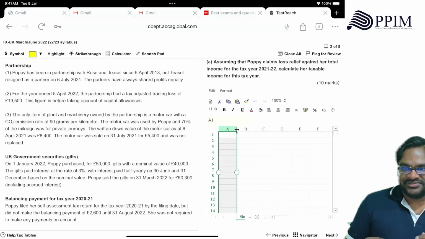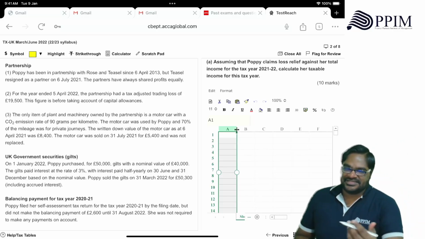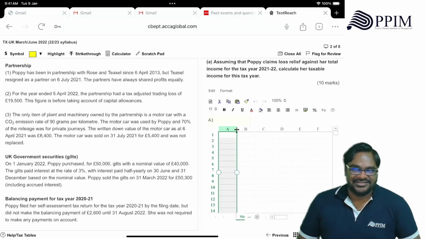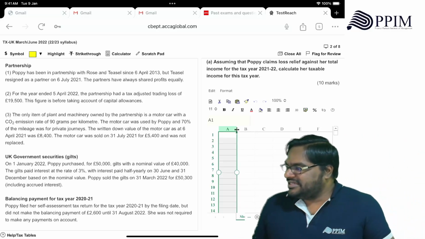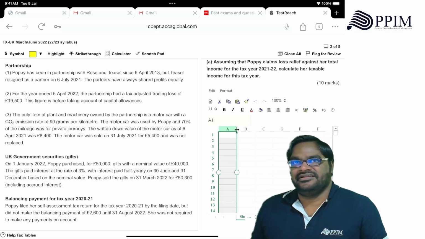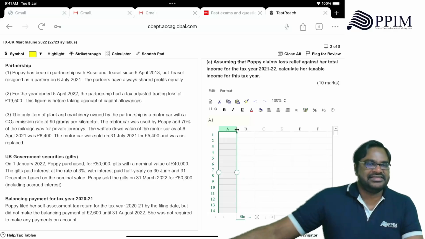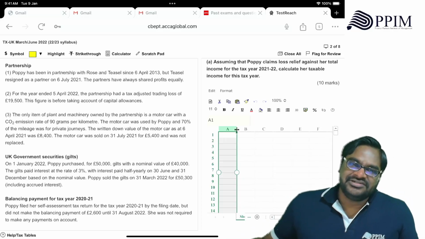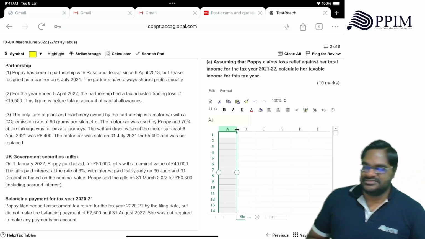That will be a percentage, no? Agree? So the percentage here is 3%. Now why do we use the nominal value instead of the market value? The interest income is always accrual method. For gilts, always accrual method. For gilts and tradable bonds, whatever is tradable, go always for the accrual method.